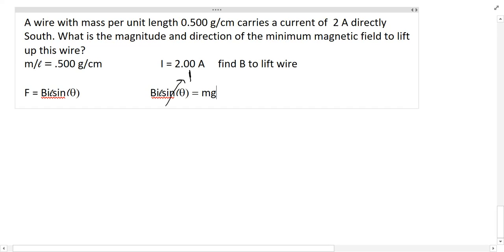But you may be thinking, well, we don't know either the length of the wire or the mass of the wire. We're looking for B. We know the current and we know gravity, but we don't know the length or the mass. But we know the mass per unit length.